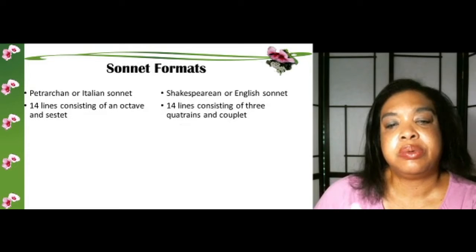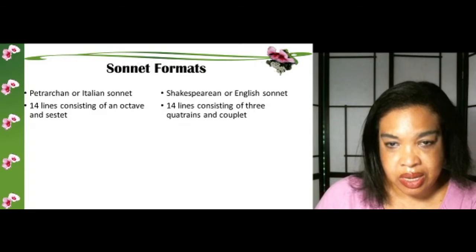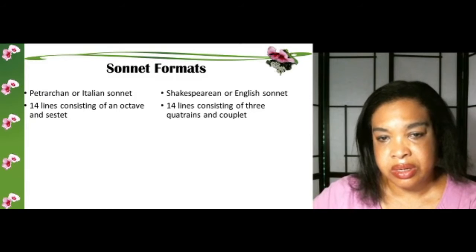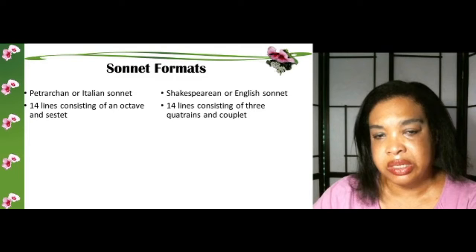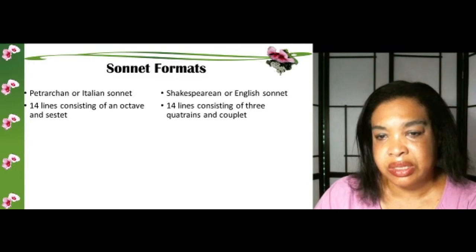Now here's where they said the differences are. In the Italian sonnet, it's still 14 lines, but you have an octave and a sestet. And they said normally the topic changes on the sestet. With the Shakespearean, you have three quatrains, that's just 3 times 4 lines each, and then a couplet.